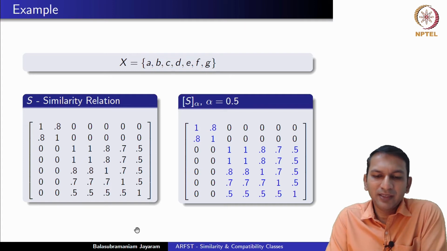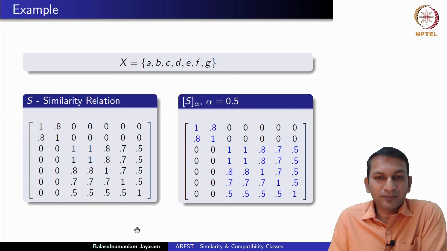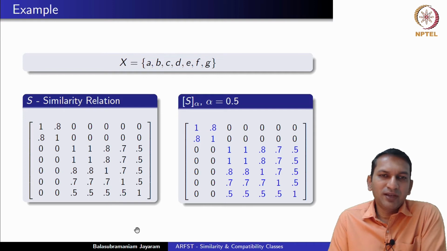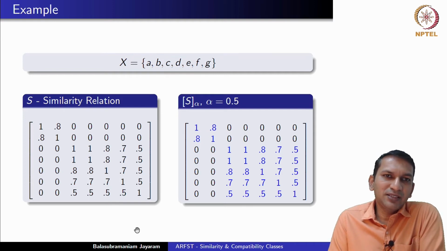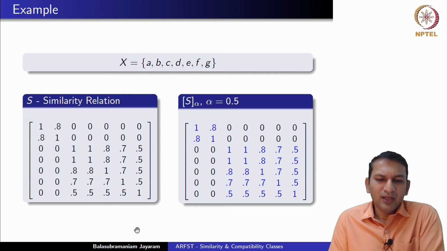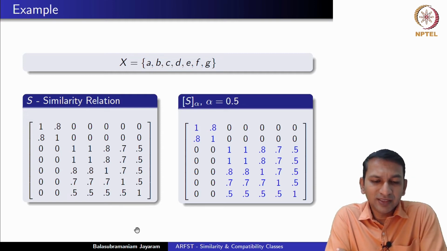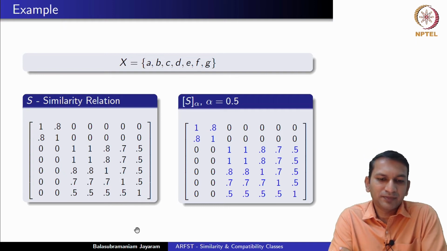I'm just highlighting the values which are greater than or equal to 0.5. So essentially we are saying that these are the pairs of elements which are related to each other to at least a degree of 0.5. Now it is not apparent how we can get a partition on X from this matrix.